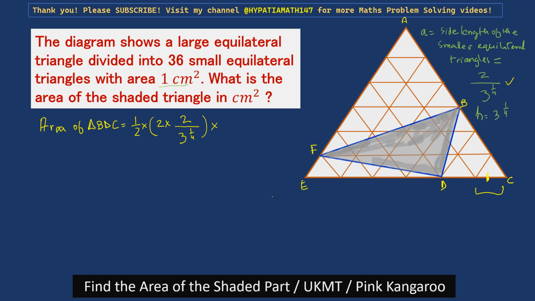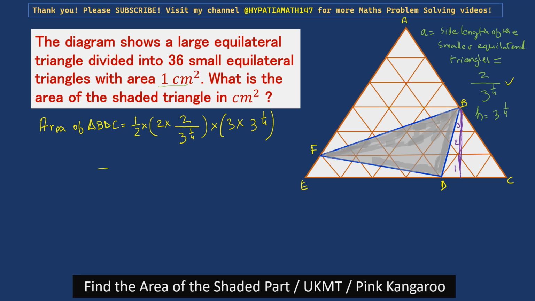Now what is the height? So you see, this is the height, so let me get a colored pen. So this is the height, 1, 2, 3. So the height is equal to the height of 3 equilateral triangles, 1, 2, 3. So I can say it is equal to 3 multiplied by 3 to the power 1 out of 4.